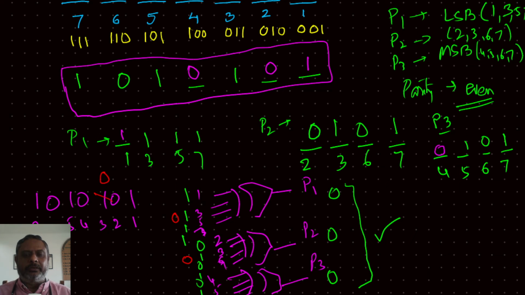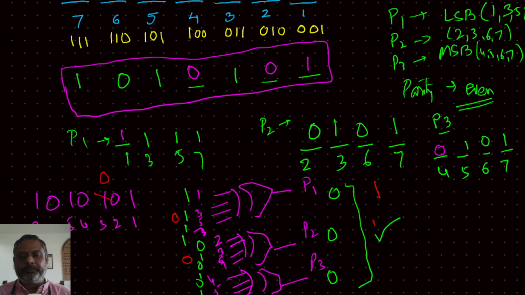So when you XOR 1, XOR 1, XOR 1, the result will be a 1. And here we have only 1 one occurring because this 1 has become a 0. So 0, 0, 0, 1. That means only once there is a 1. So the output of this also becomes 1.